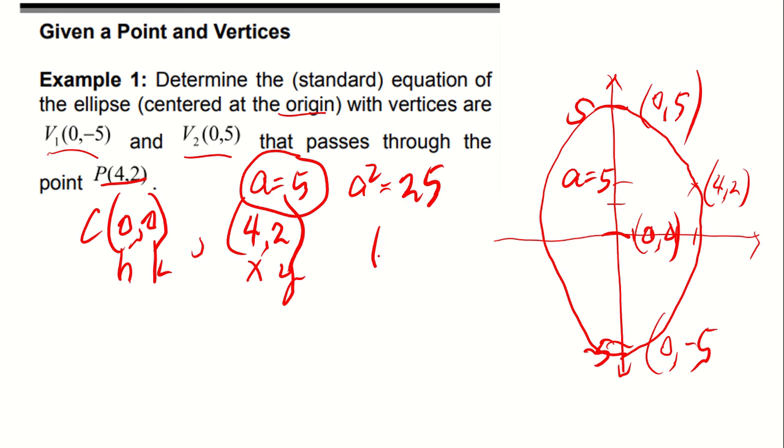Therefore, makukuha na natin ang b. And for that, we can find the value of b. So that is x squared over b squared, since ang ating y-axis ay ang kanyang major axis, therefore, ang ating a nasa ilalim ng y squared. This is b squared, plus y squared over a squared is equal to 1.